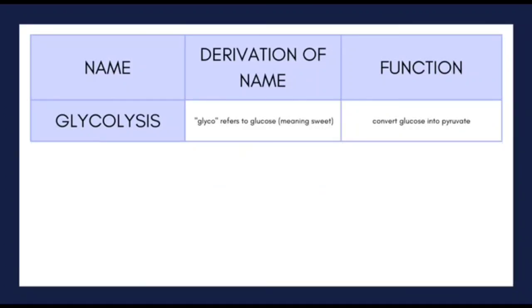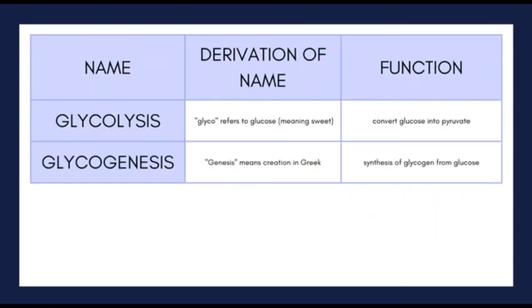Let's start with glycolysis, where glyco refers to glucose, meaning sweet. Its function is to convert glucose into pyruvate. Next, we have glycogenesis, which involves the synthesis of glycogen from glucose. Genesis means creation in Greek.